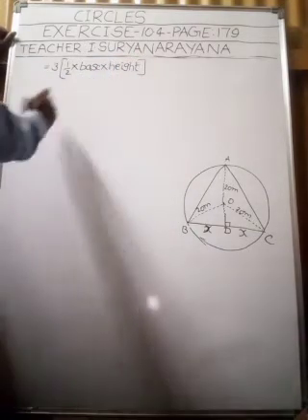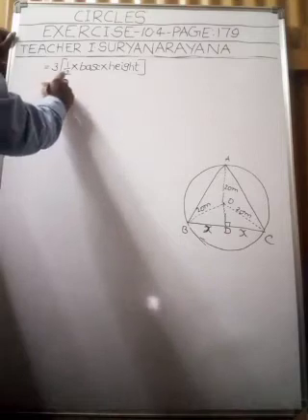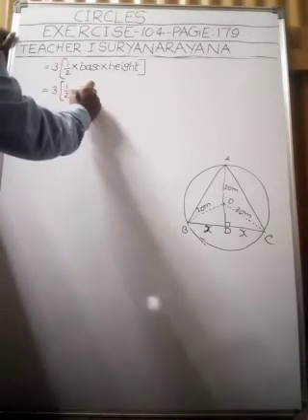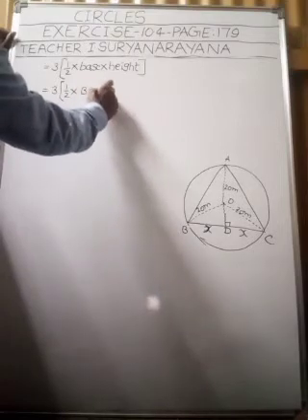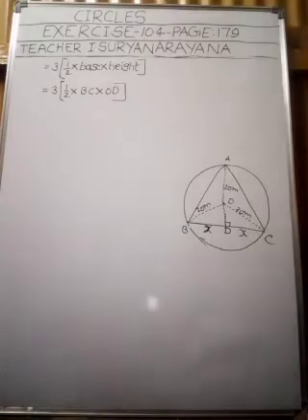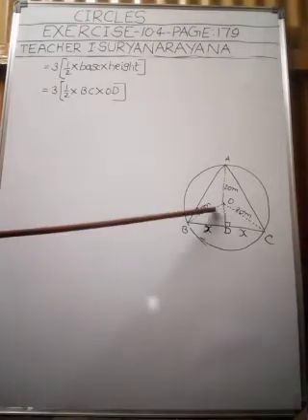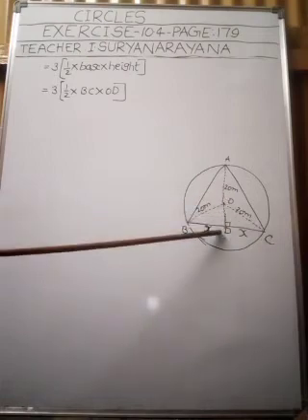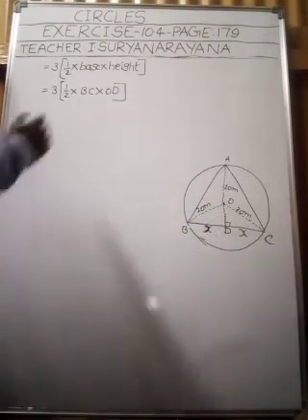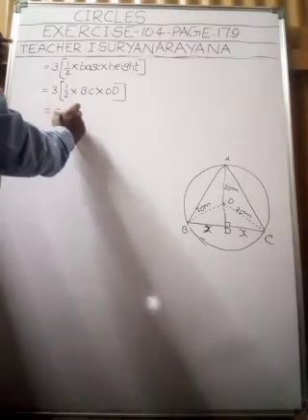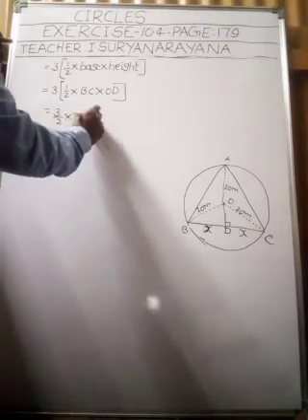Okay, my children, that is equal to 3 into half into base BC into height OD. For this triangle OBC, I have taken BC as the base and height is OD. Okay, my children, right? That is equal to 3 by 2 into BC into OD.